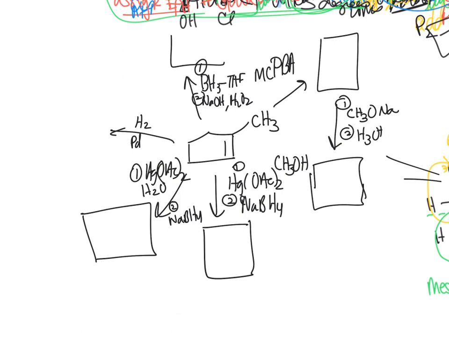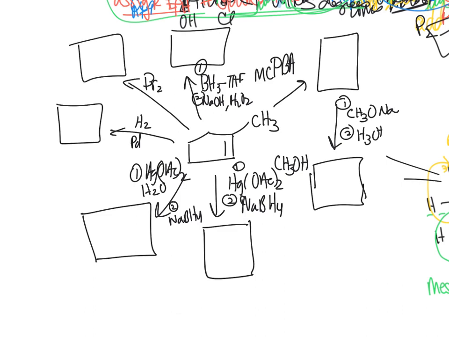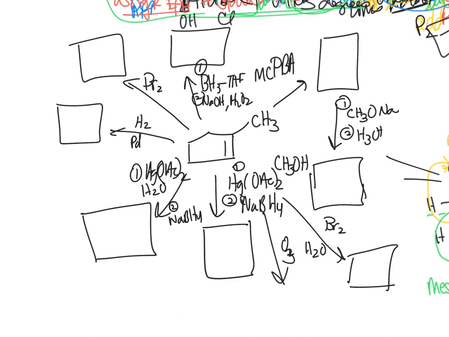And then do 2 more, Br2, and then Br2 in water. I think, one more, ozone, O3, and then follow that up with DMS. Okay, so let's see. How many boxes do we have? 1, 2, 3, 4, 5, 6, 7, 8, 9.